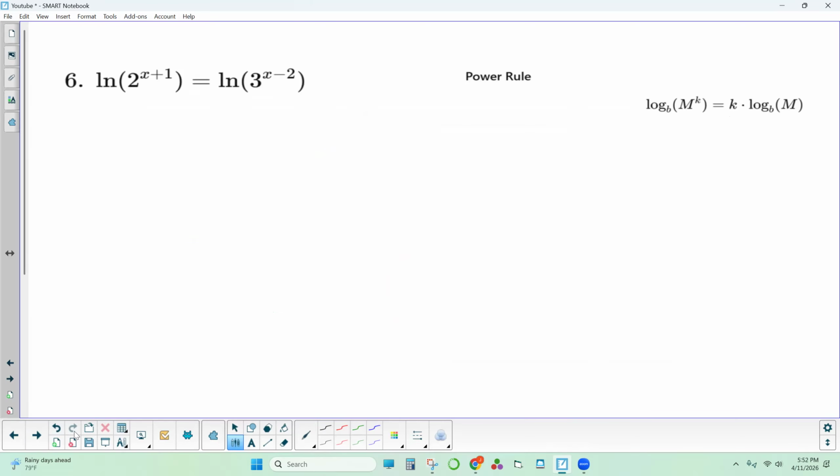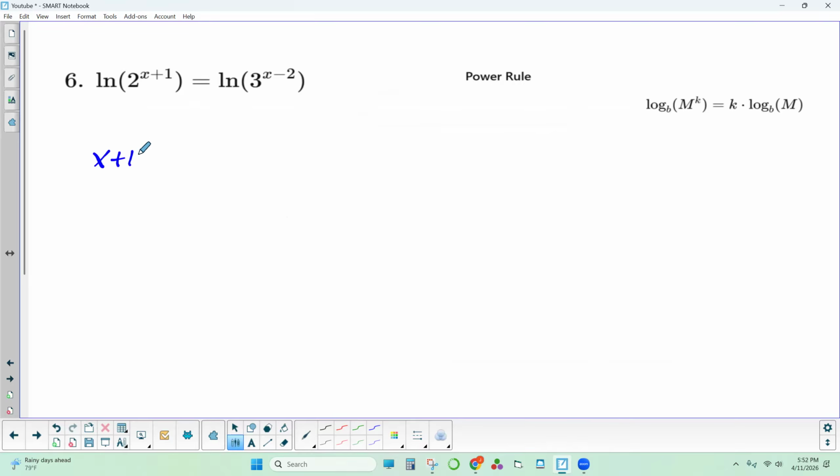Okay, so here we have a natural log equal to a natural log. Okay, but using the one-to-one property here is not really going to help us out because we still have variables up here in the exponent. So what we're going to do is use the power rule, which says if we have an exponent inside the log, we can move it out in front of the log as a multiplier.